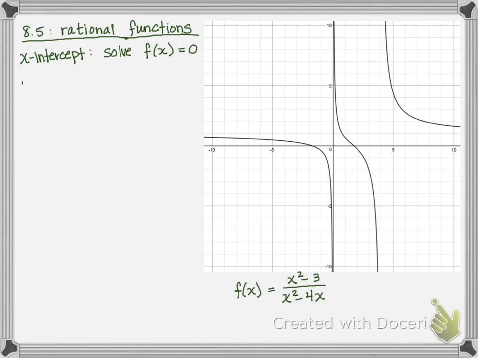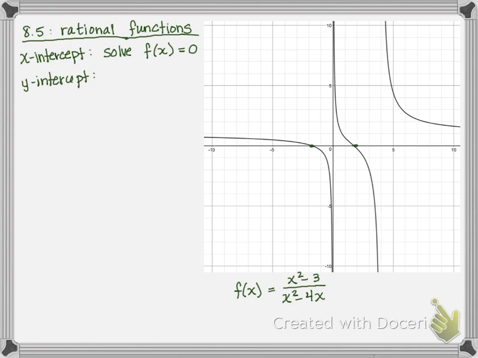To find the y-intercept, what do we do? So if we're on the y-axis, what do we know? So our y-coordinate, these points right here, have a y-coordinate of 0.